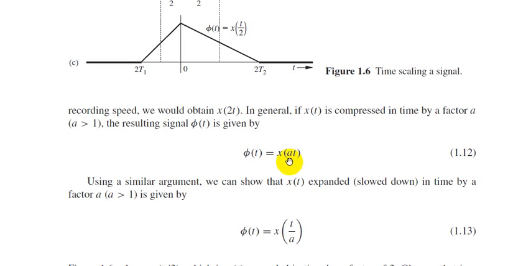If the value of alpha is greater than 1, we are actually compressing the signal. If we want to expand the signal, we'll make this value of alpha less than 1, as the amount we want to expand the signal.